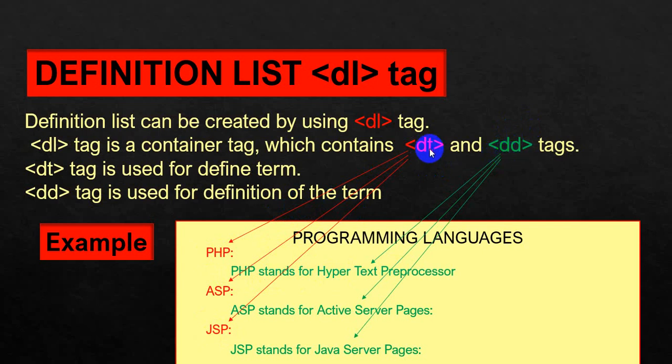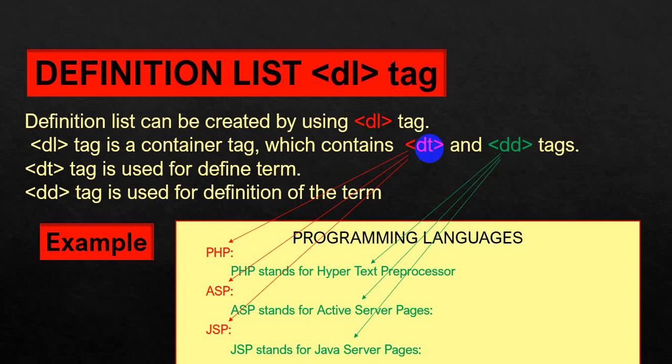So finally we come to know that the DL tag is used to create a definition list, and it is a container tag which has two different tags, one is DT and one is DD. The DT tag is used for writing the terminologies and DD is used for writing the description of that terminology.